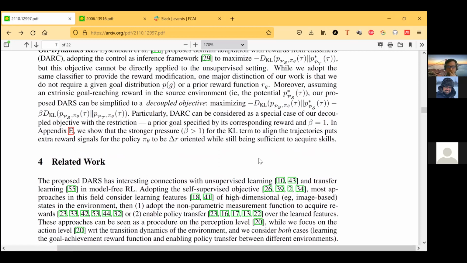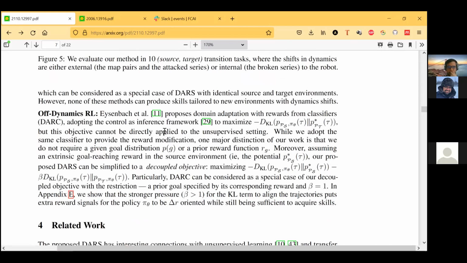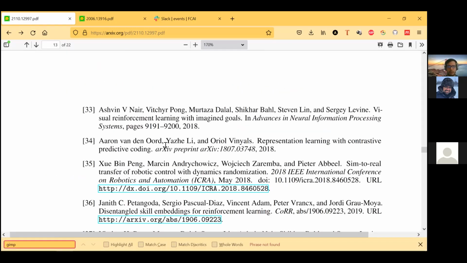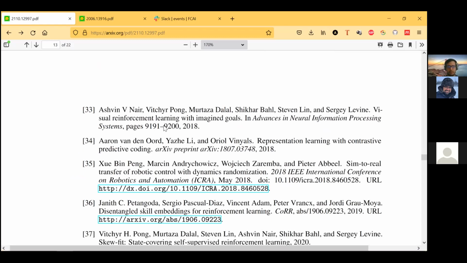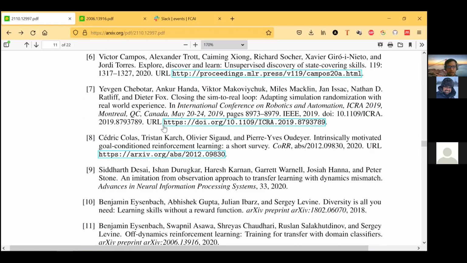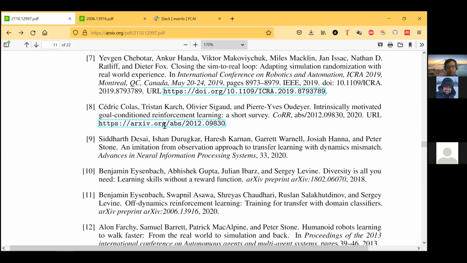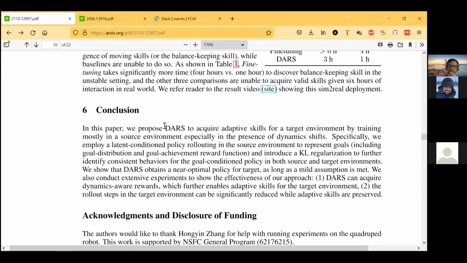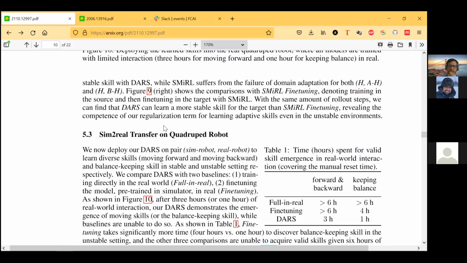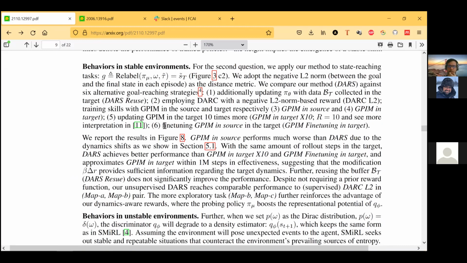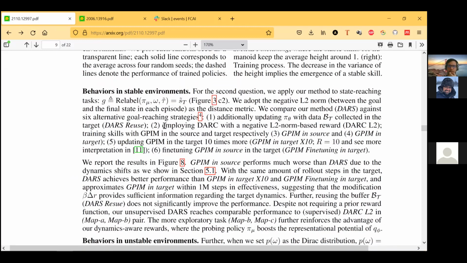I don't know diversity is all you need that well, but maybe one of the differences is that in diversity is all you need, you have to sample the goal from the state space, which is maybe a bit hard. Like in the previous paper from the same authors, they also had experiments in Atari, and in that setting it's maybe a bit hard to sample goals, like goal images.